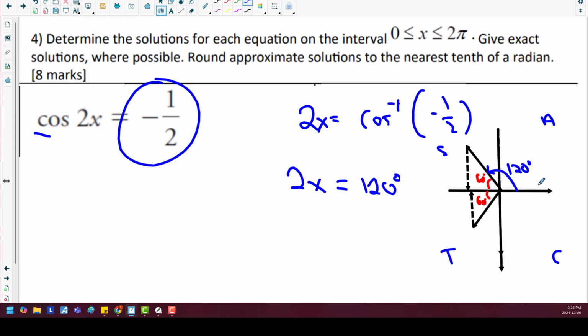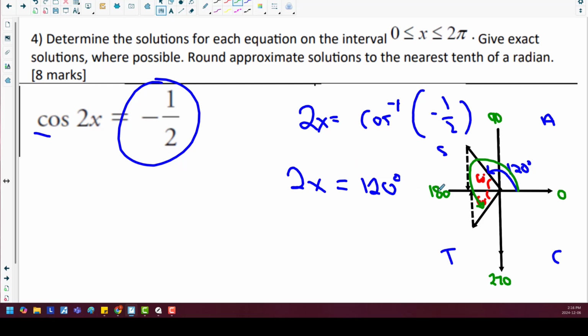So if that is the case, then our principal angle for our second terminal arm over here is going to be 180 plus 60, because it's 60 degrees more than 180 degrees. And remember, if you're dealing with radians, you can just convert all these values to radians.